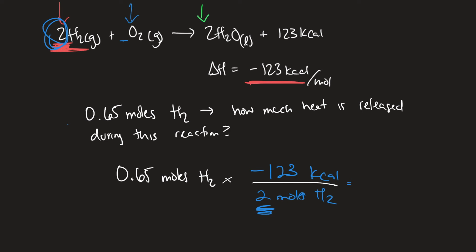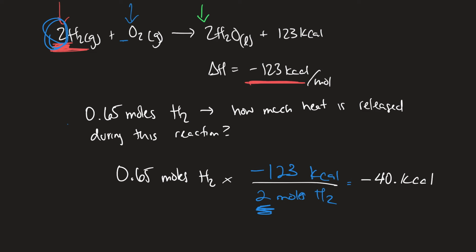You have 0.65, you multiply that by 123, and then you divide that number by 2. When you do that, you'll find that the answer is about 40 kilocalories, or specifically, negative 40 kilocalories of energy is released if you only have 0.65 moles of H2 to react with an excess amount of O2.